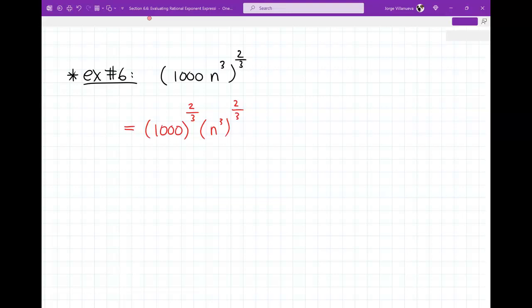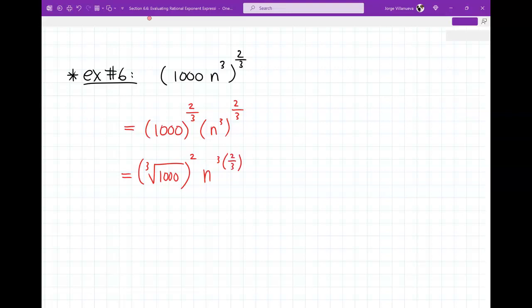What's 1,000 to the 2/3? It's 100, right? Okay. So it's 100. Okay. So let me just write it out. If you're doing it by hand, and this would be n to the 3 times 2/3.